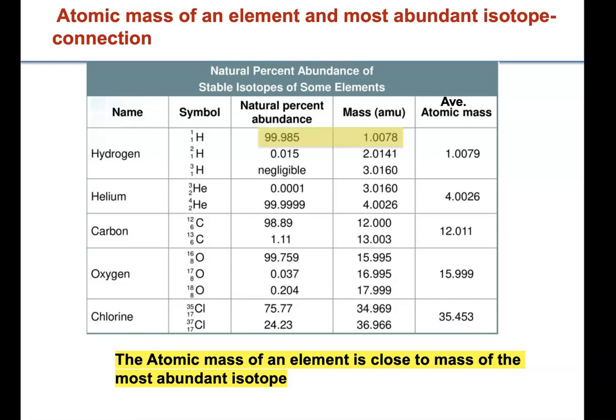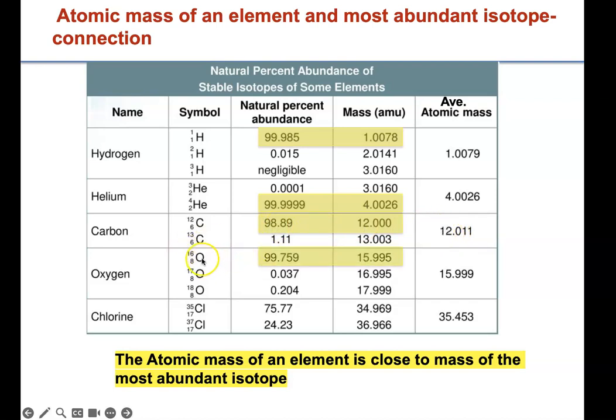Here the most abundant one is the hydrogen 1 isotope. It's almost 100%, so the average atomic mass is the same value. For helium, it's helium 4, and so the average atomic mass is close to 4. For carbon, it's carbon 12, almost 99%, so the average atomic mass is close to 12.